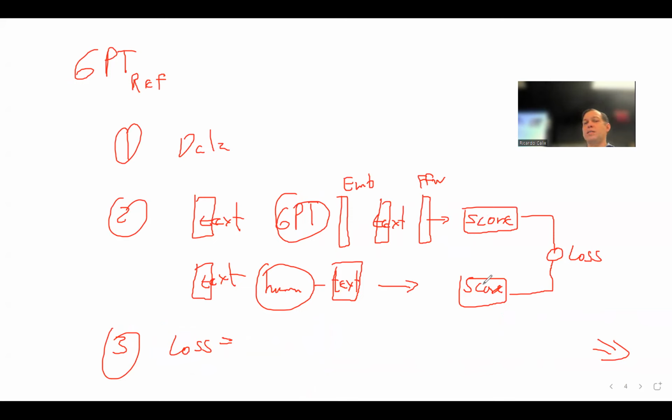And this score is going to be compared to humans looking at text, like a question and an answer, and giving it a score. Then during training, you create a model that minimizes this error, this loss, and that's going to update the weights of the GPT further.